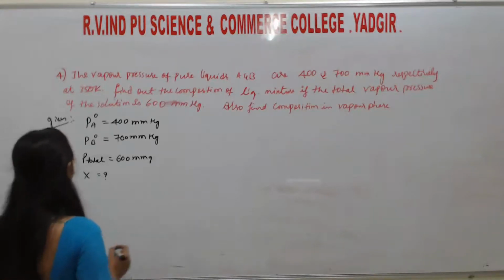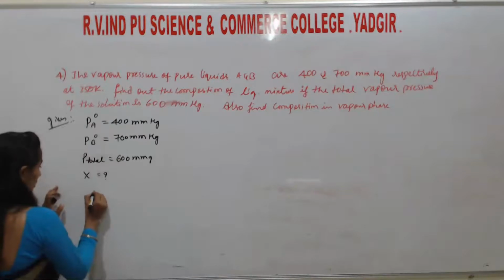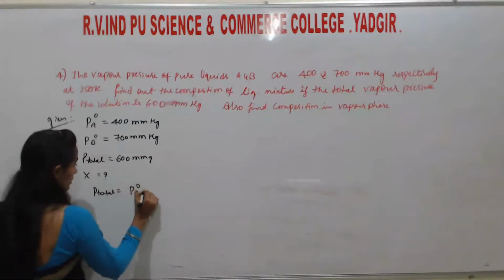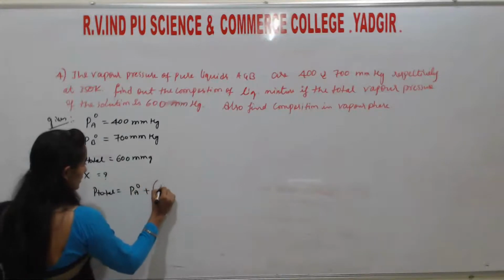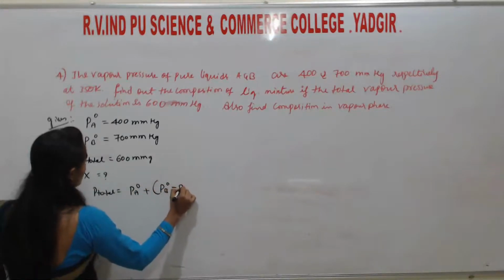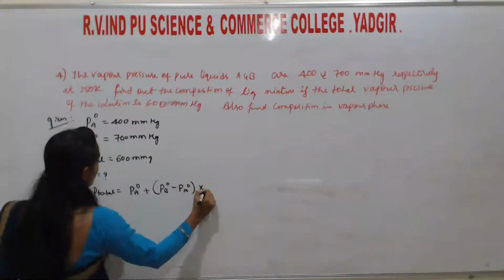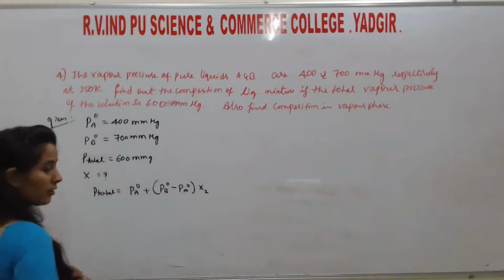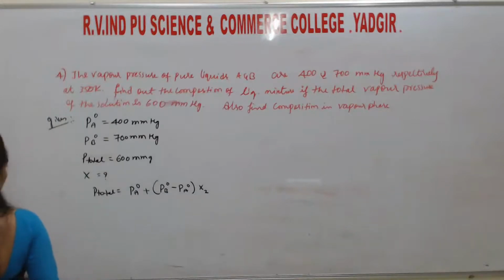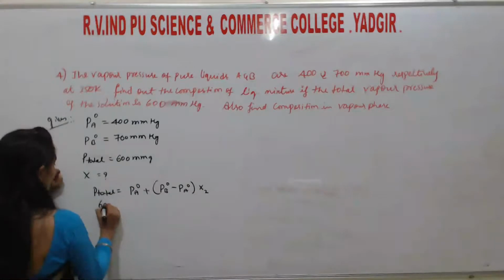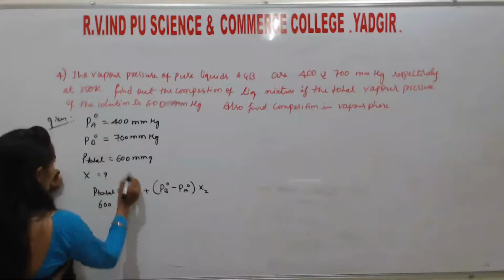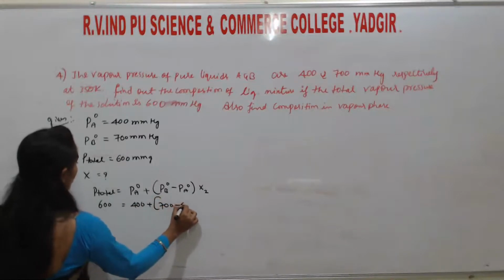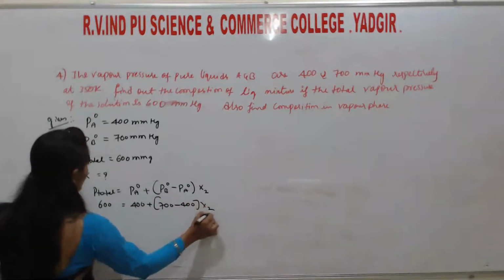So what is the formula we have here? We know P total is equal to PA naught plus PB naught minus PA naught into X2. Correct? This is the formula we have. So by applying the values, students, P total is 600, PA naught is 400, PB is 700 minus 400 into X2.